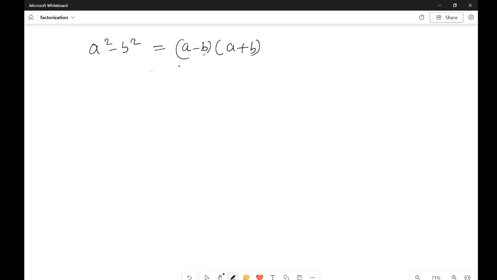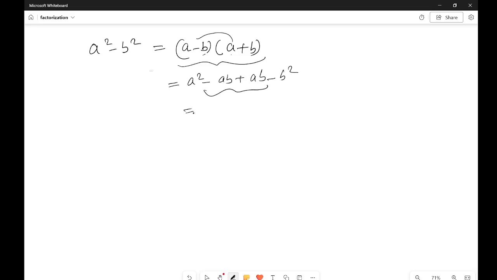If you want you can expand this and you can see. Multiply this a with these two expressions, so this will be a square minus ab, and then you multiply this b with the remaining expression. Because b has a plus sign, I will put plus, and then this will become ab, and plus minus is minus, then b square.